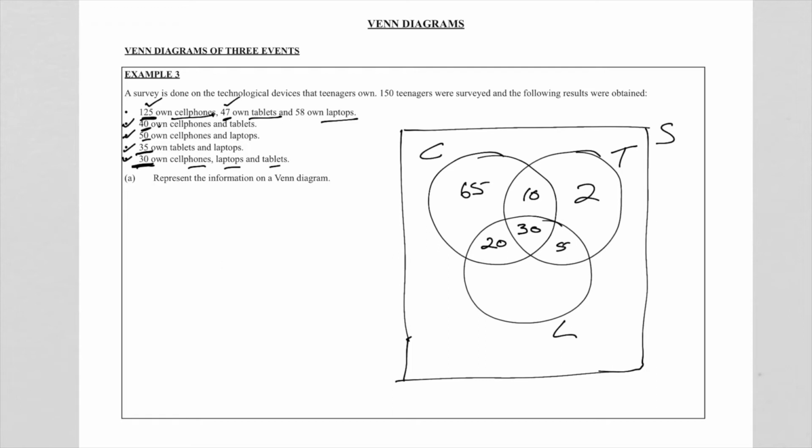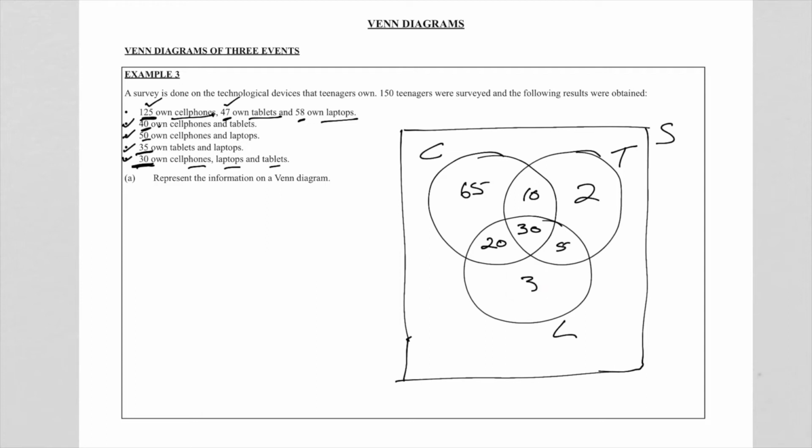So now we're going to look at the last one, which is the 58 who own laptops. Now, if we look at laptops, this must be 58. As you can see, we've got 55 already. It must be 58, so that means we still need to put down 3 here.